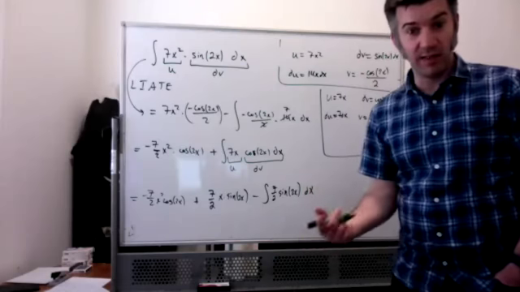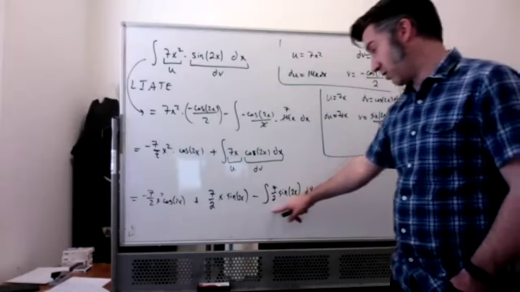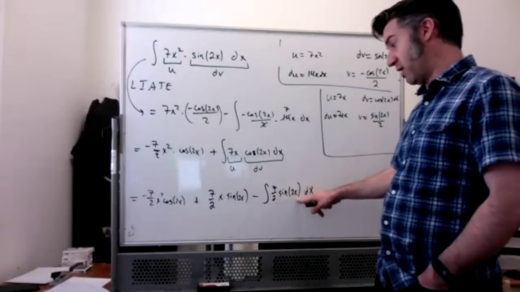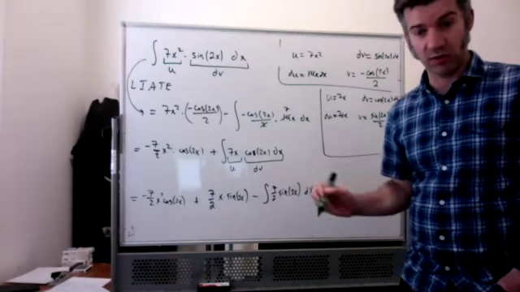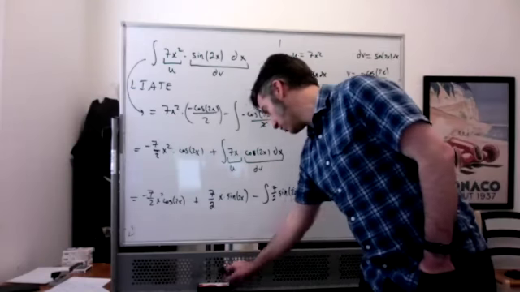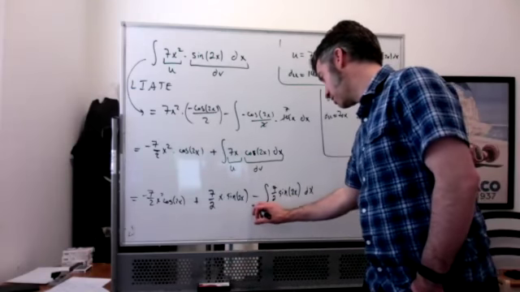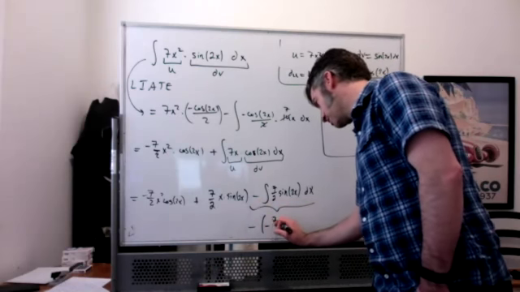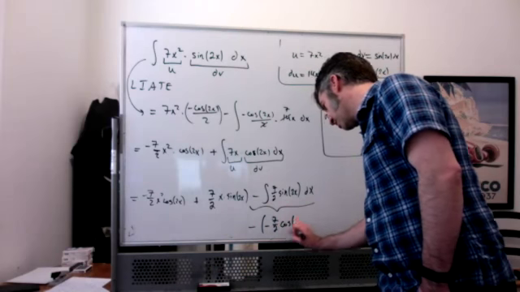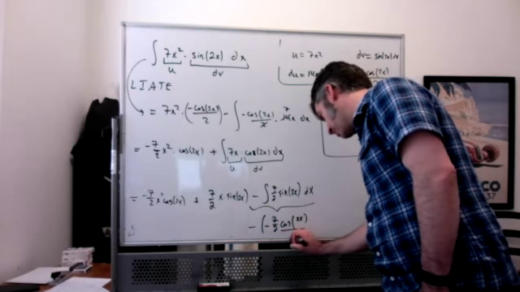I'm feeling a little bit lazy here. I'm just going to do the integral of this. So the integral of 7/2 sine of 2x is going to be 7/2 times negative cosine of 2x over 2. Sorry, so this is going to be minus negative 7/2 cosine of 2x divided by 2.